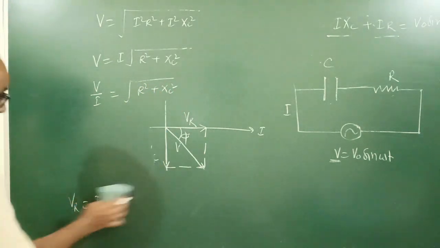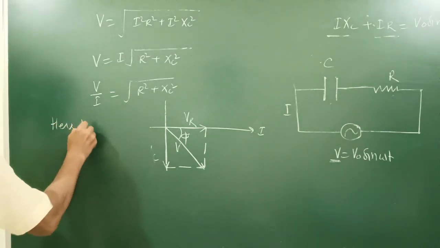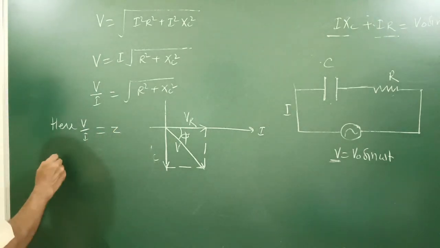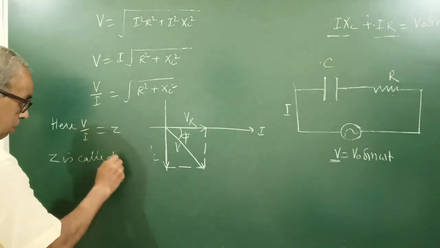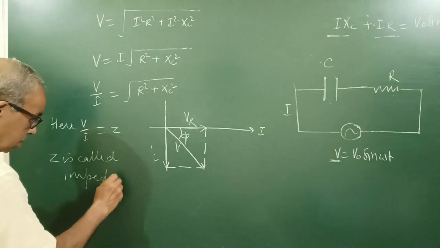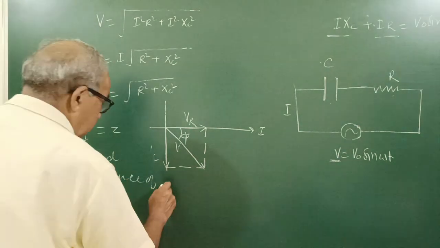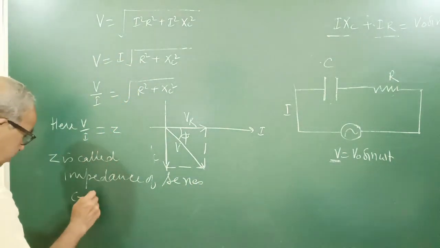Here V upon I equal to Z, that is impedance. Z is called the impedance of the series CR circuit.